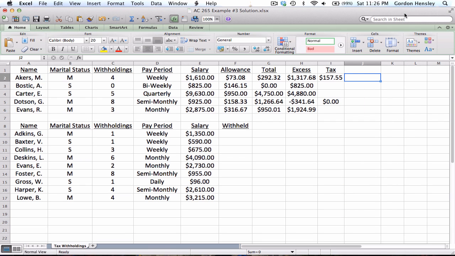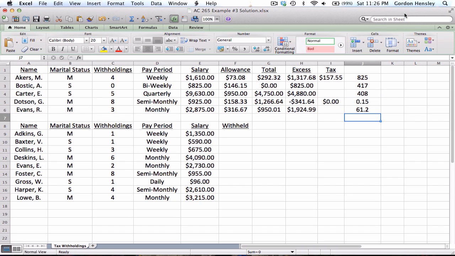So again, I'll do this calculation. $825. I have to see how much it exceeds $417. So $825 minus $417 is $408. 15% as a decimal is 0.15. So 408 times 0.15 is 61.2.